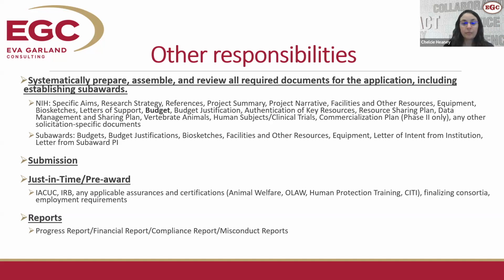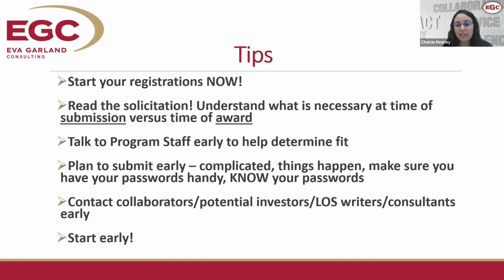Okay, so before we get into Q&A, here are some last minute tips. If you haven't already, start your registrations now. SAM.gov: not having your UEI active is one of the number one reasons small businesses do not apply in time or at the deadline that they're aiming for.